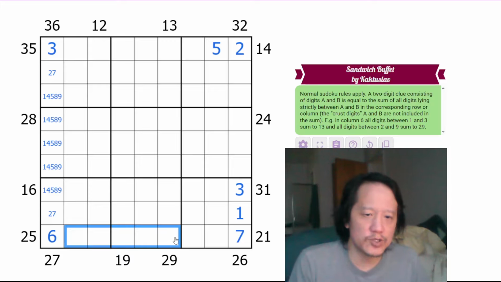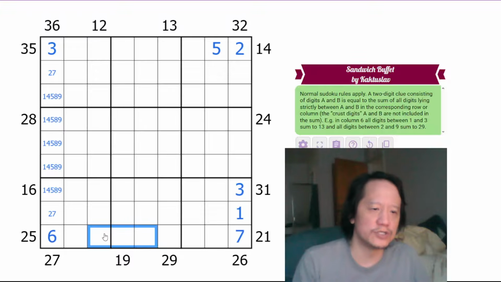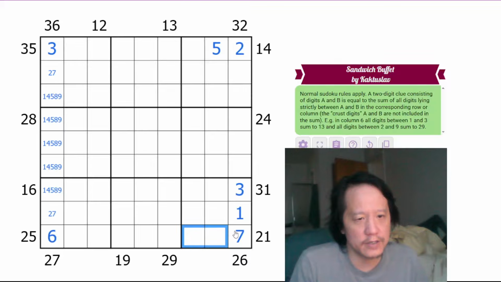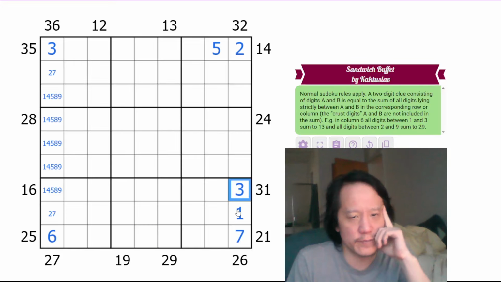So to add up to 21, you have to have at least 3 digits, right? Can't be 2 digits in between adding up to 21. Well, 1 cannot be here. Again, 2 has to be... I guess 1 could be here, technically. And 2 could be here. That's possible. This is 3.